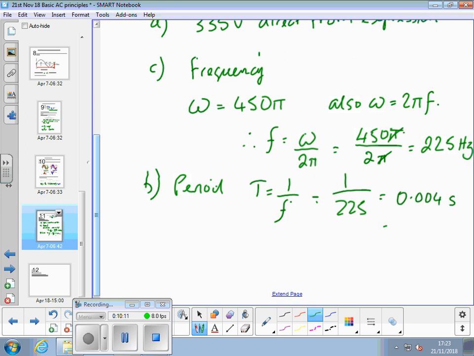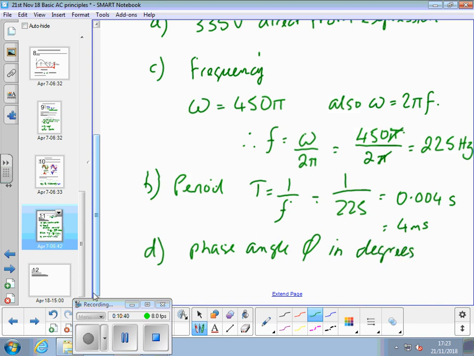0.004 seconds equals 4 milliseconds. Nearest down it. D, we're looking for phase angle theta in degrees.